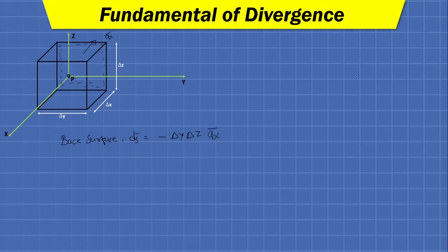All the other things will be the same. So the integration for the back surface of D bar dot ds bar equals D back into delta y delta z.